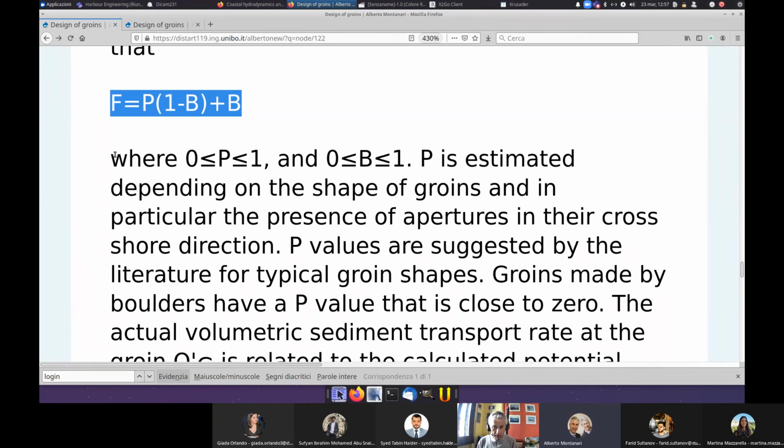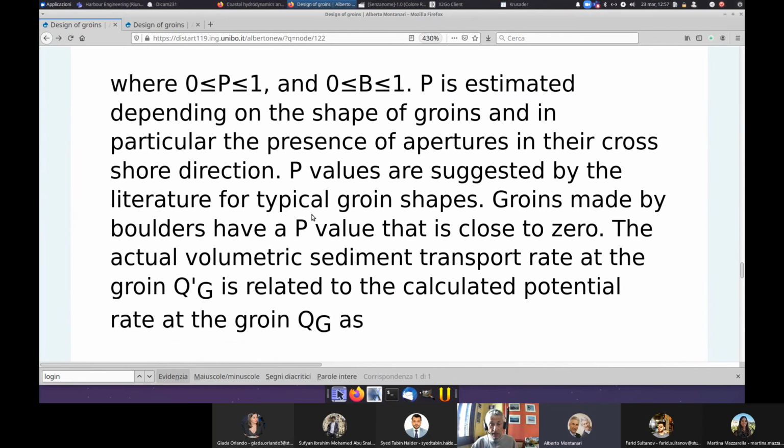So P is permeability. Again, it's estimated depending on the shape of groins and in particular the presence of apertures in their cross-shore direction. So you may adopt P values that are suggested by the literature for different shapes of groins. Of course, groins made of boulders have very little permeability and their P is close to 0.